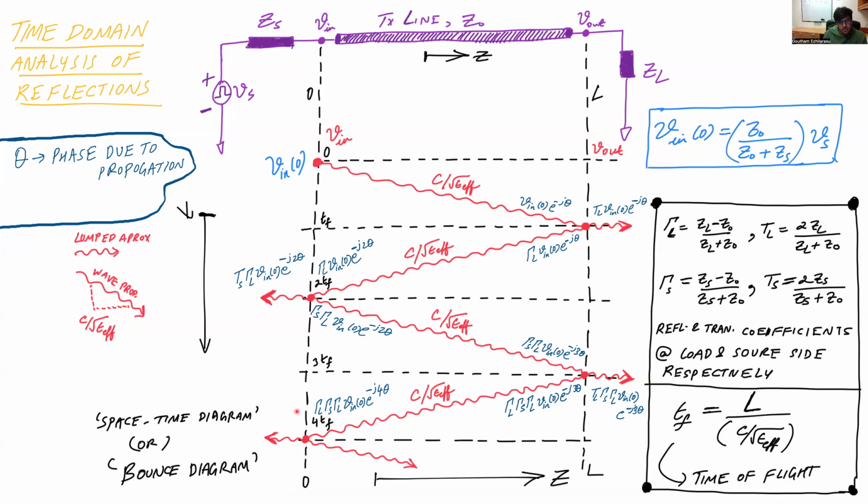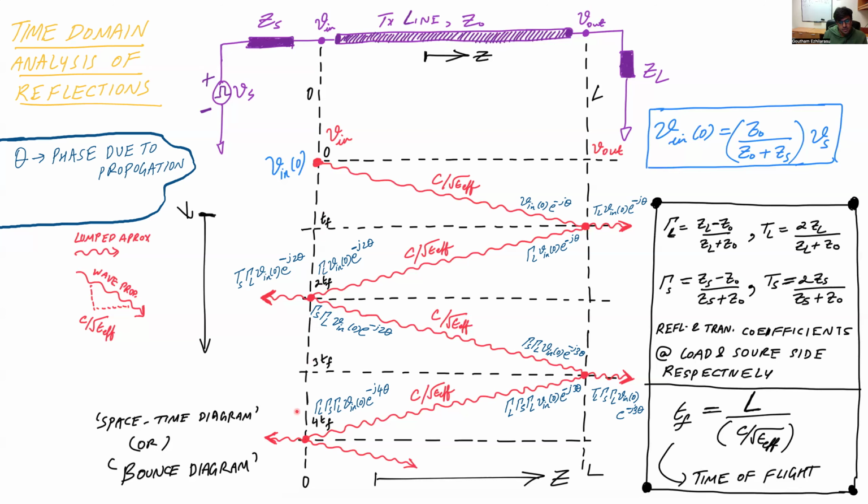After the time it takes for the signal to travel this distance L over 4, which is TF over 4, we first start to see the signal. Then after every bounce and coming back to this location, the signal keeps adding up.